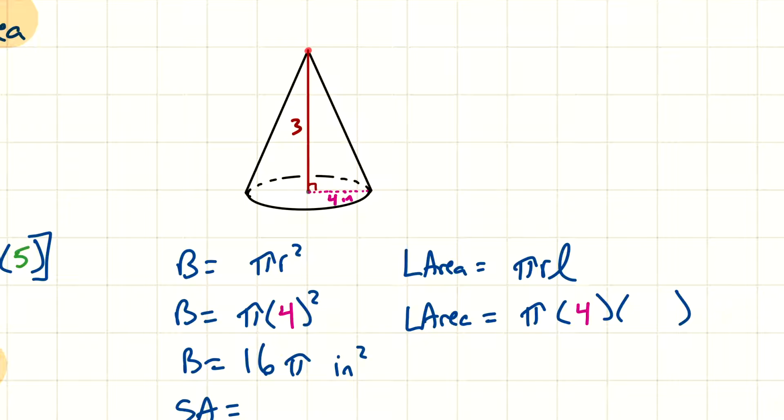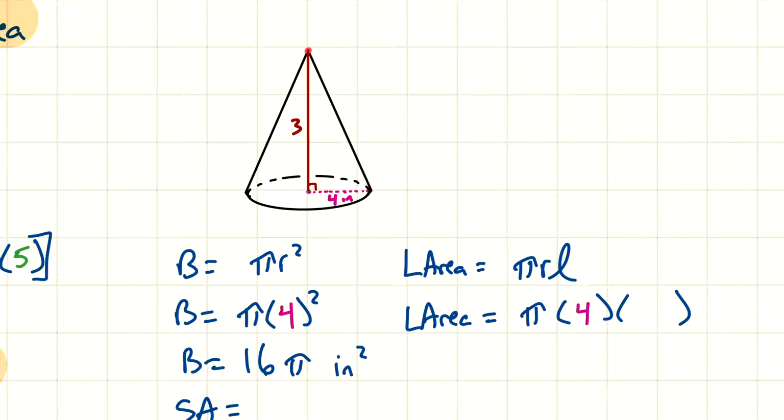Lateral area is what I'm more concerned about here, because of a common mistake. If I asked you, and you rushed through this, what's the slant height? What number goes here? I could almost guarantee a good majority of you are going to put a 3 here, because that's the measurement that's given to us.